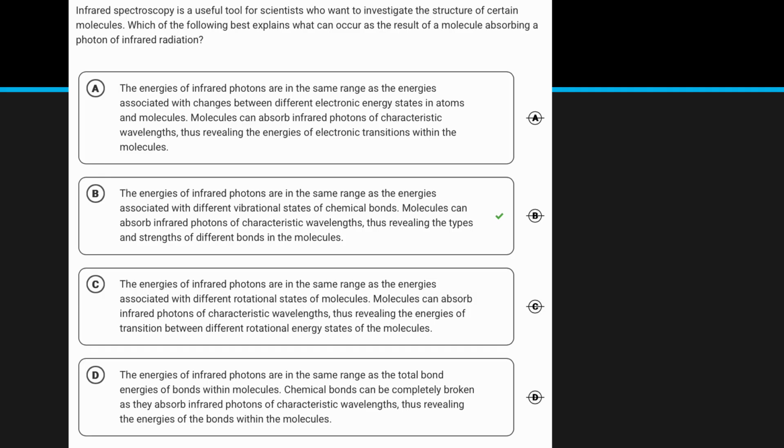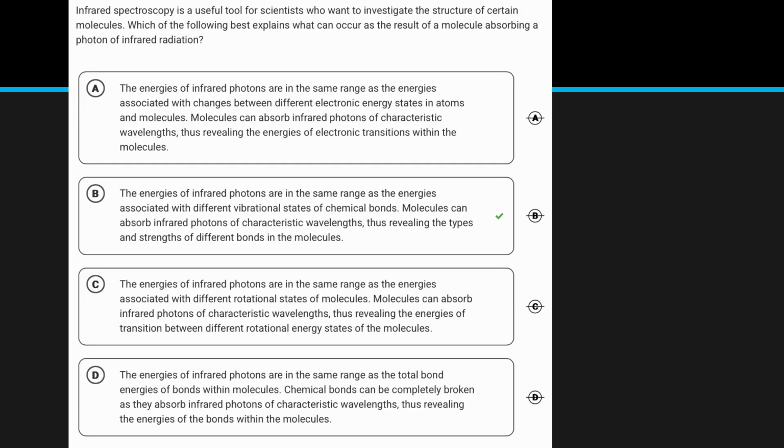This next one says infrared spectroscopy is a useful tool for scientists who want to investigate the structure of certain molecules. Which of the following best explains what can occur as the result of a molecule absorbing a photon of infrared radiation? So we know infrared radiation is linked to vibrational transitions, which is bonds bending or stretching or twisting when they absorb IR light.